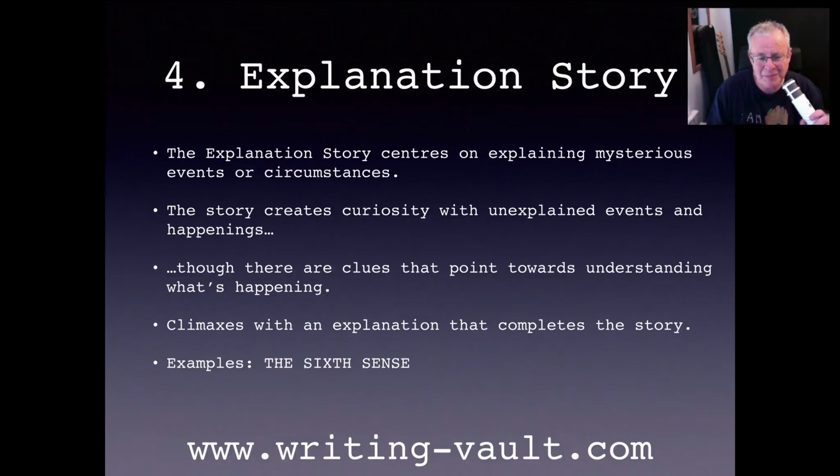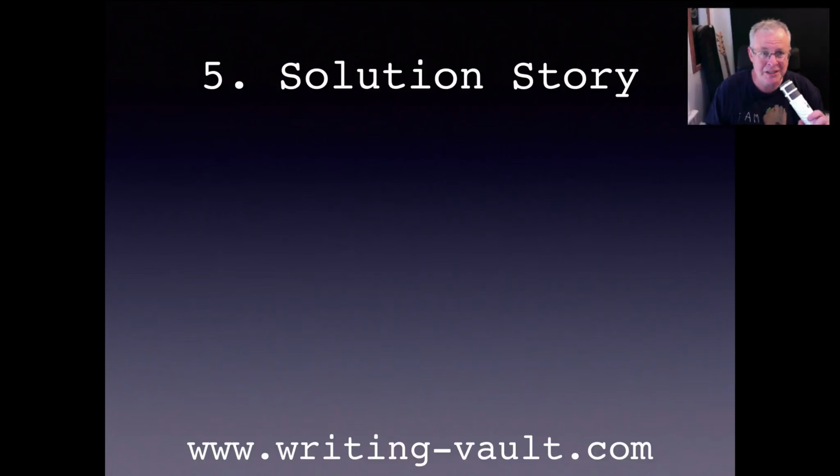And the classic example of this is the Bruce Willis film The Sixth Sense. So if you've seen that, that will illuminate the explanation story and make the concept of the explanation story make a little bit more sense to you.